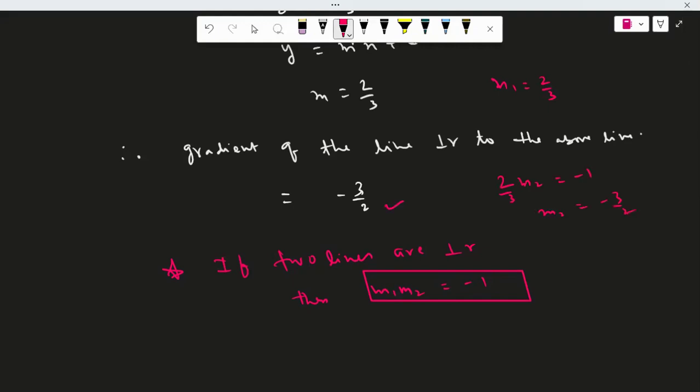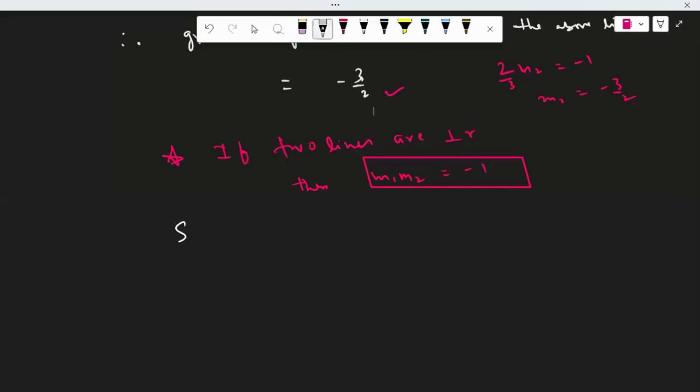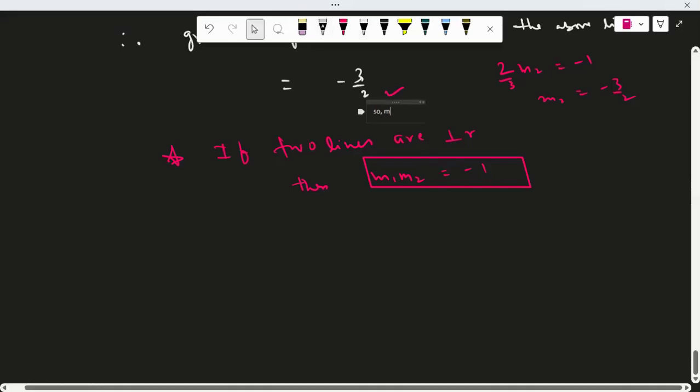This is the concept. One gradient is 2 over 3, so m2 is minus 3 over 2. So the gradient is minus 3 over 2, and we write the equation of the line with that gradient.